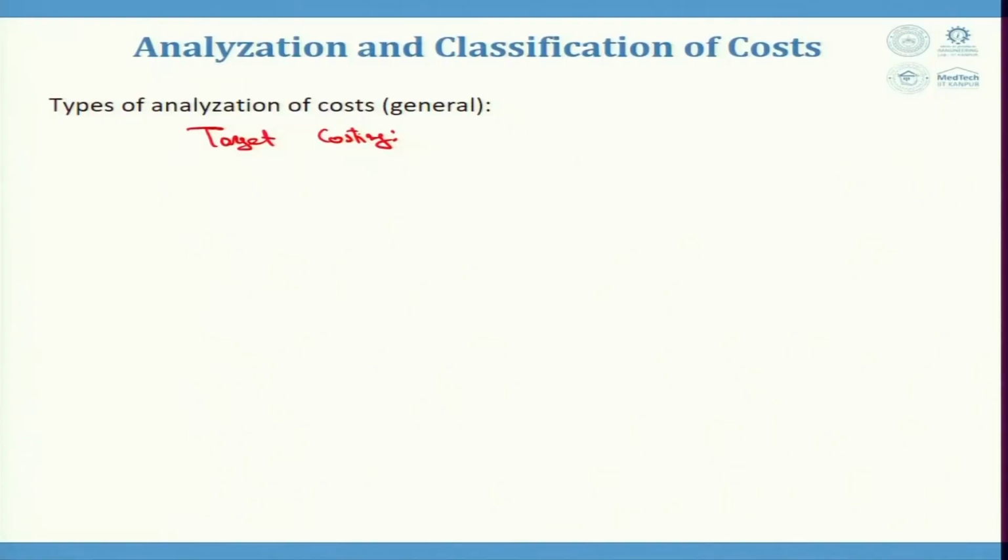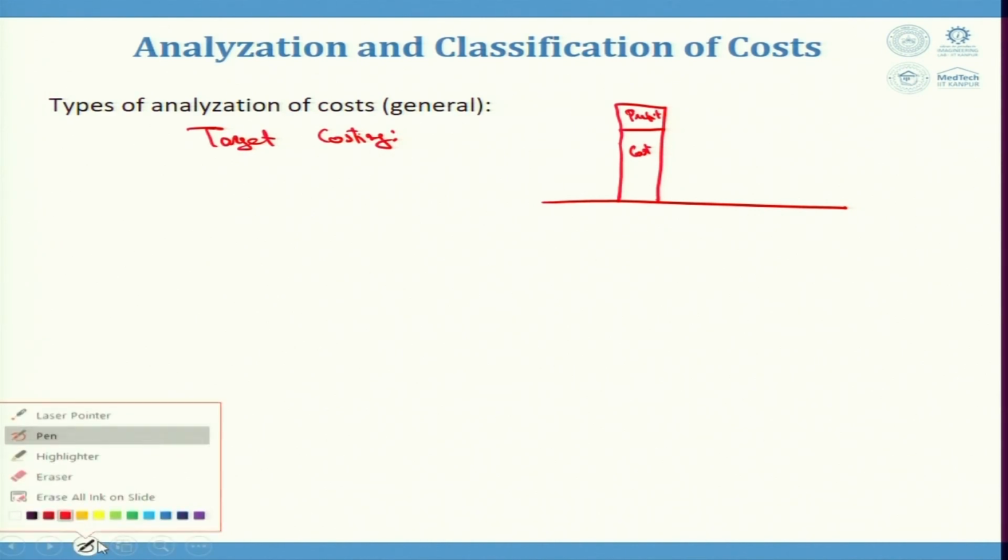That means in the beginning what is there, you have something like this, have actual cost and you have profit over it.